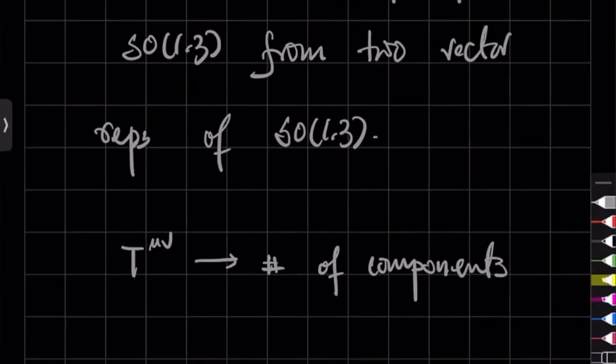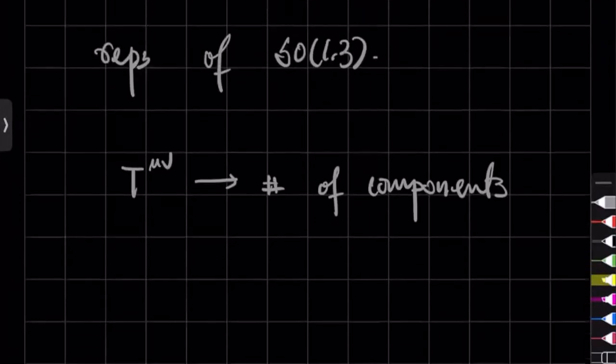Mu times nu. 16. How many values does mu take? Who said 16? Saif. Yeah, 16, because mu takes the values 0, 1, 2, 3 and nu takes the values 0, 1, 2, 3.